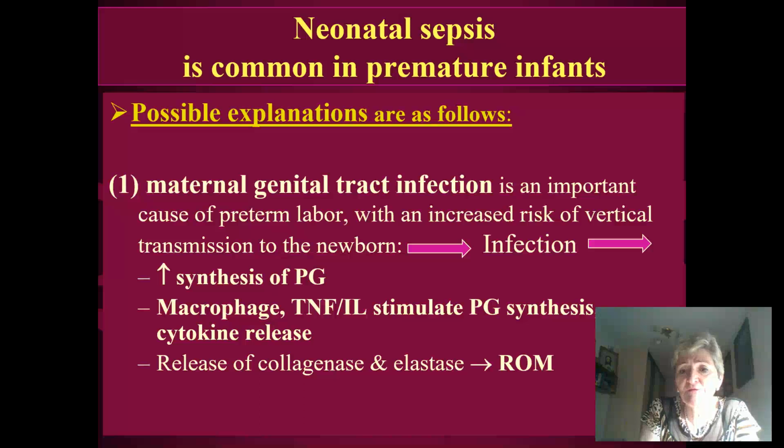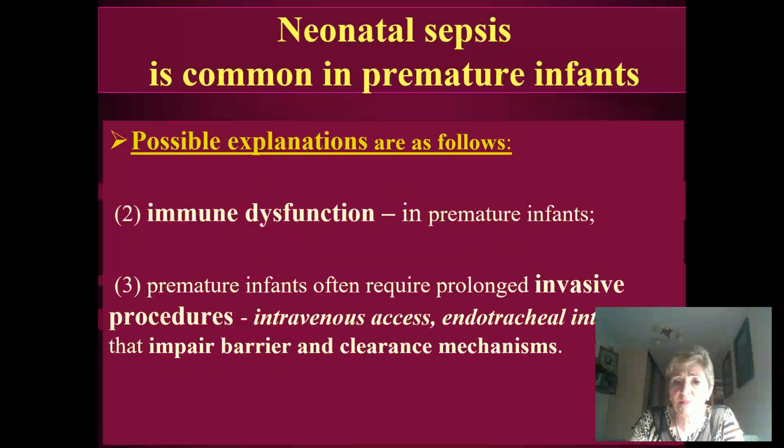Maternal genital tract infection is an important cause of preterm labor with increased risk of vertical transmission to the newborn. Infection leads to increased synthesis of prostaglandin, activates macrophages and cytokines, interleukins, and interleukins stimulate prostaglandin synthesis and cytokine release. And release of cytokines leads to rupture of membranes.